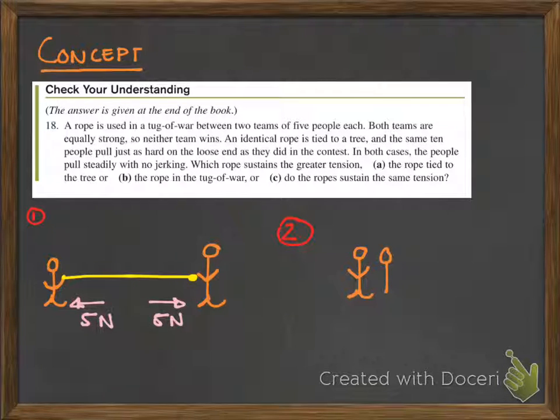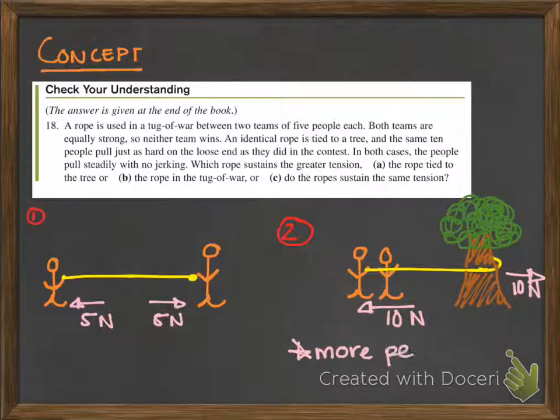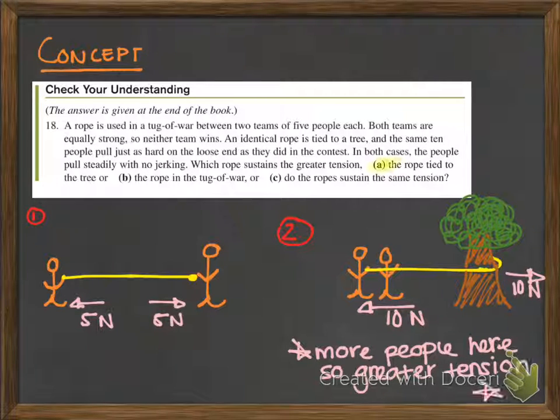Well, in the first situation, the tensions actually cancel each other out because they're pulling on opposite sides. But in the second situation, they add to each other. So if each of them were 5, then they would have a tension of 10. So the answer would be that the second situation has a greater tension.